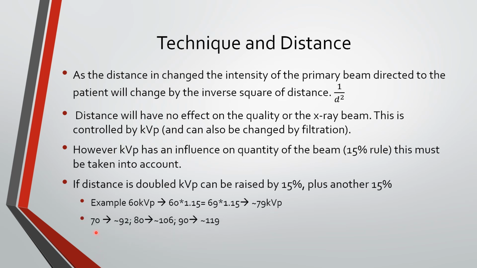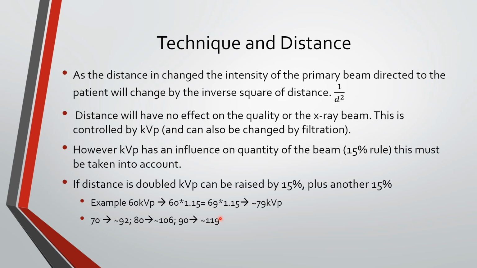Here are some more examples. If we're at 70 and we do this double 15% thing, we go to 92. If we're at 80, we go to 106. If we're at 90, we go to 119. Obviously, this is very limiting, right? So that's where the combination of maybe the 15% rule and the doubling of the mAs comes in. And this is another reason why the mAs is the preferred choice for the exposure adjustment, okay?